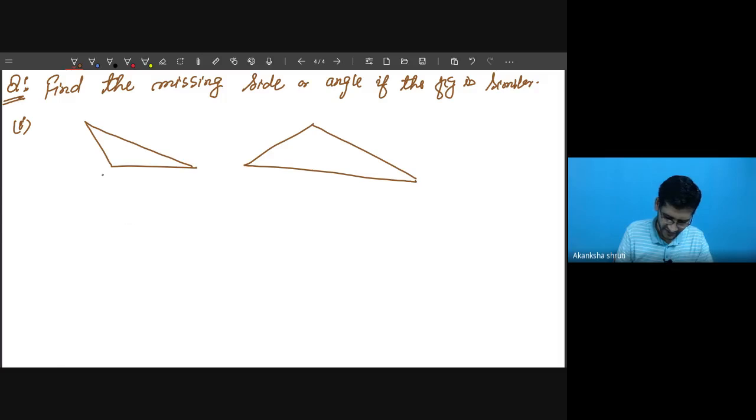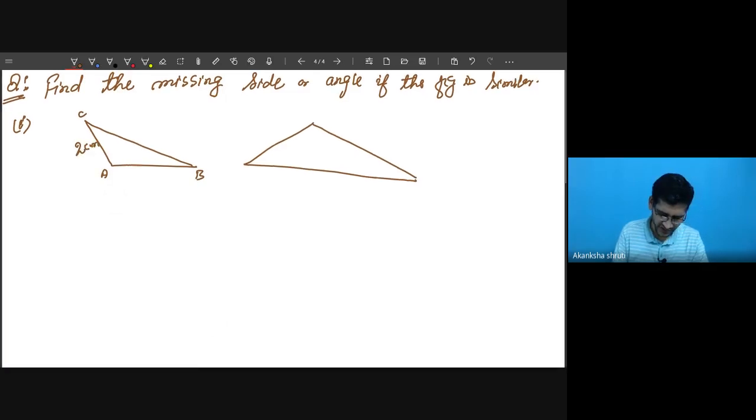So let us take this triangle A, B, C. Let us take AB or AC as 2 centimeter, BC as say 4 centimeter.